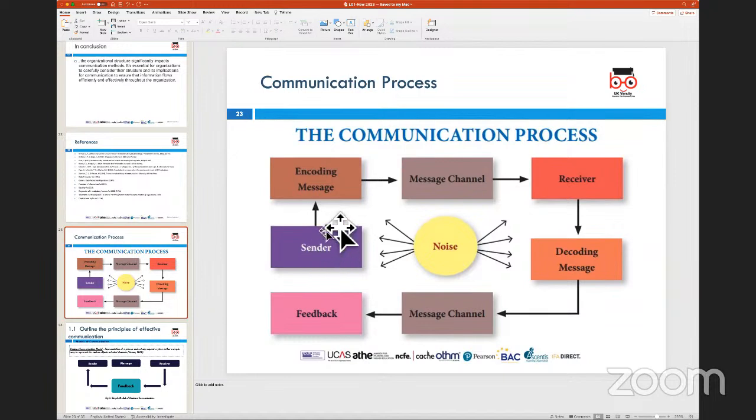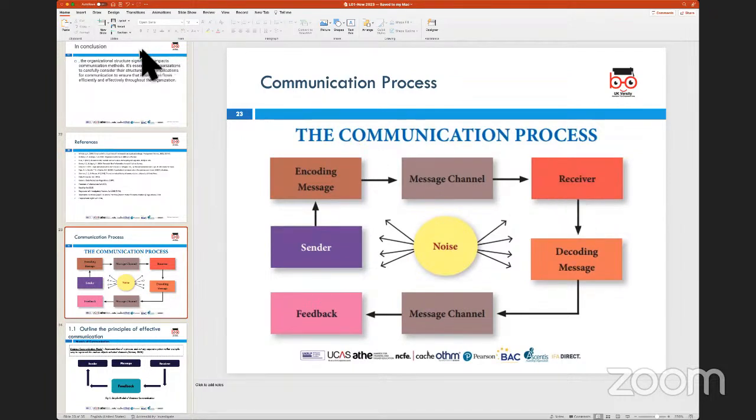The message is encoded using software through Zoom meetings, then it gets transmitted over the internet. Then at your end, you are decoding it because you're logged into Zoom meetings, and that message gets decoded, and you are able to understand what I'm talking about.